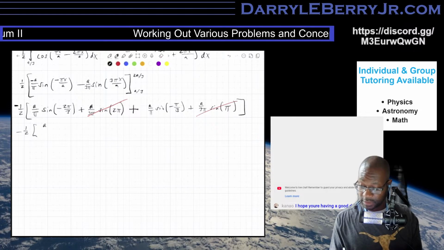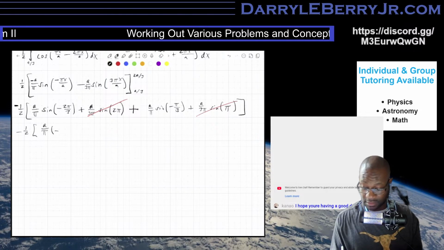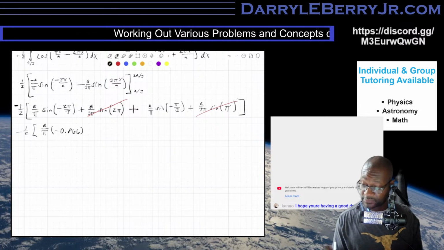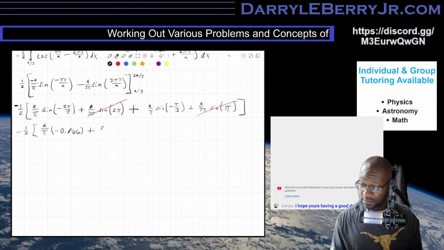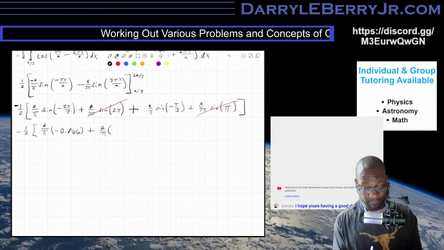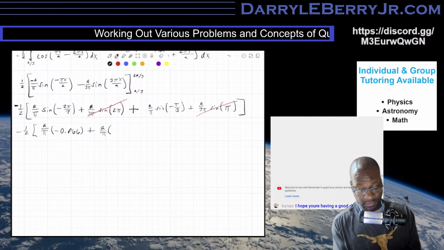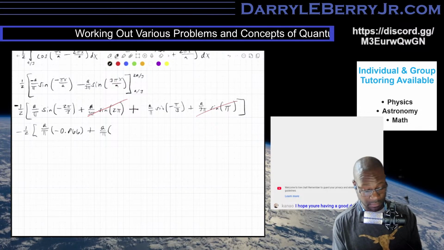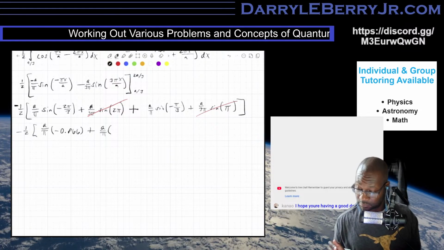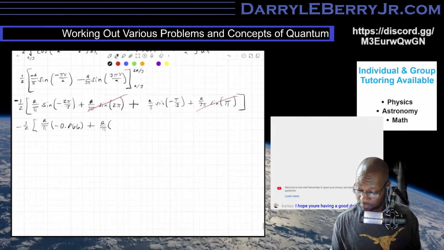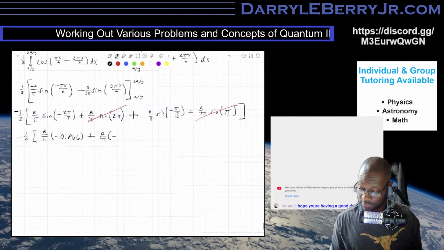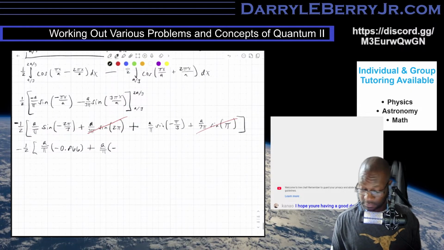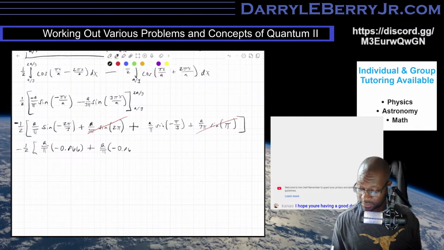That's a over pi negative 0.866 plus a over pi of sine of negative pi over 3, negative 0.866.